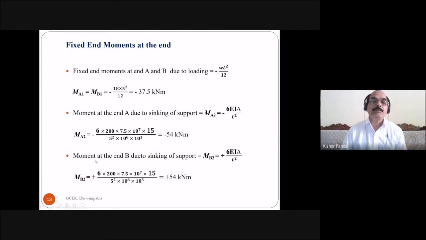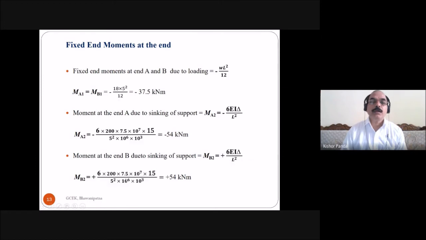Similarly, find out what is the fixed moment at B due to sinking of support. MB2 is equal to plus 6EI delta by L square. Here you put the value of E, I and delta. So this is EI kilonewton mm square.